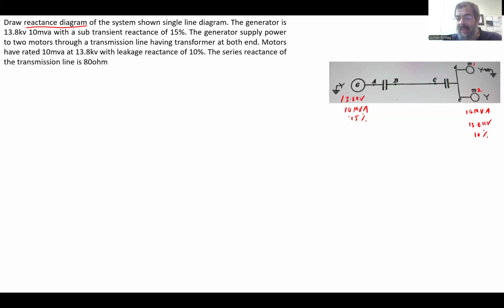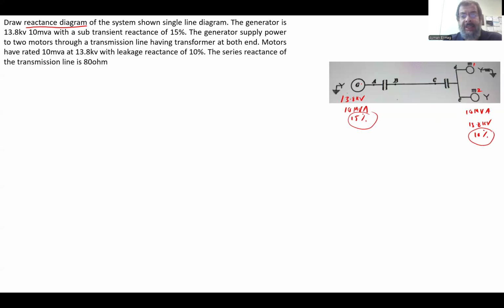Now, these reactances are percentages based on the generator or motor ratings. But as you can see, the rating of the generator and the rating of the motors are exactly the same, meaning they are using the same base system.